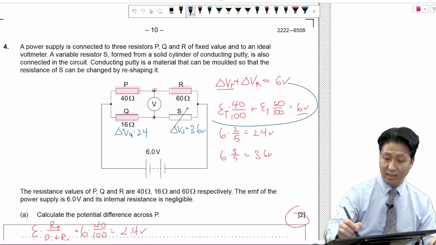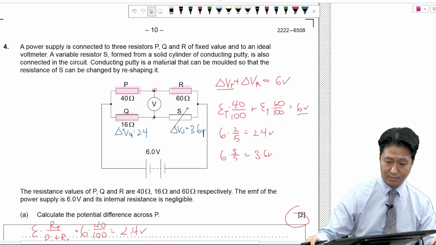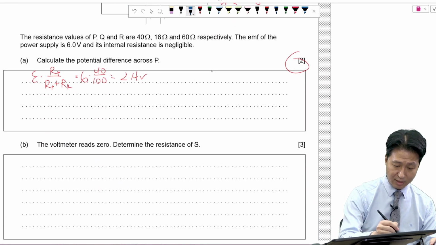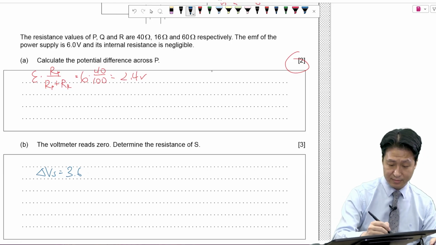Now let's use exactly the same process that we used here. That means the voltage drop across S is 3.6, and it's a fraction of the total.